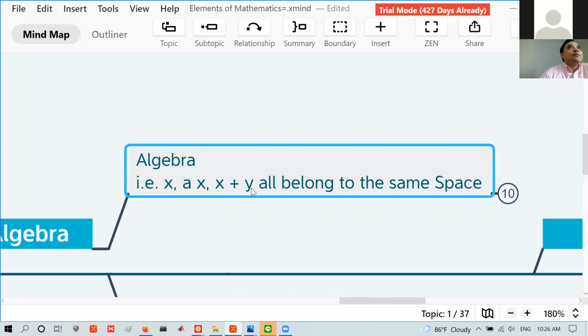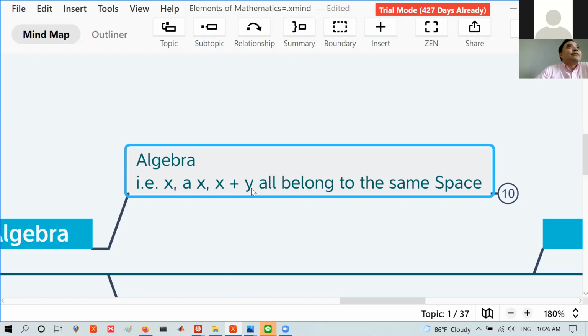So if x roams in two-dimensional space, like a two-dimensional vector, right? Ax is a two-dimensional vector, right? And if x is a two-dimensional vector and y is a two-dimensional vector, you can add them and you get z, which is also a two-dimensional vector.